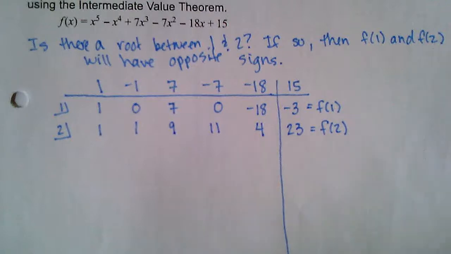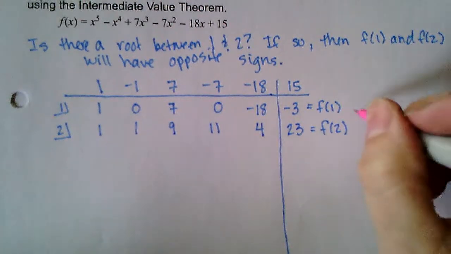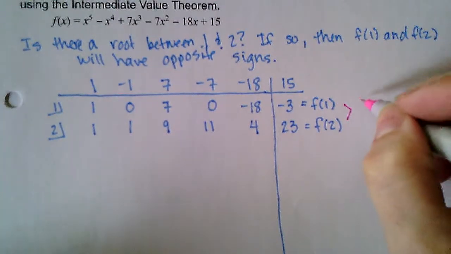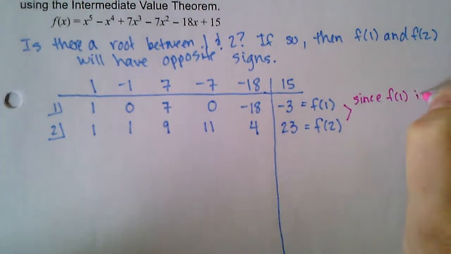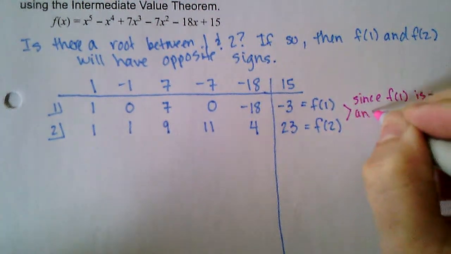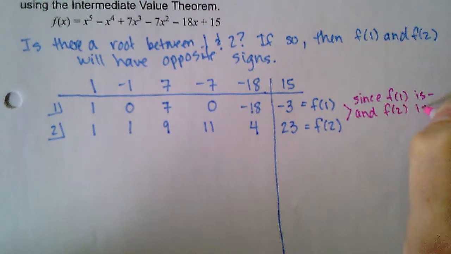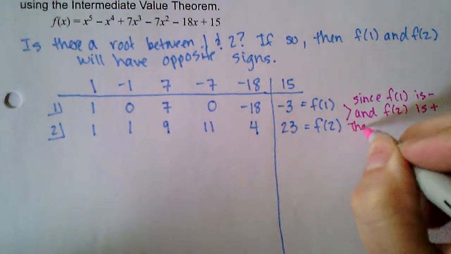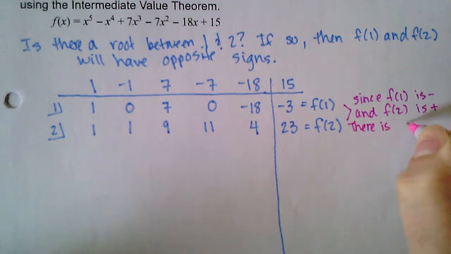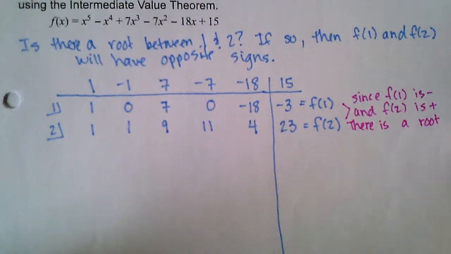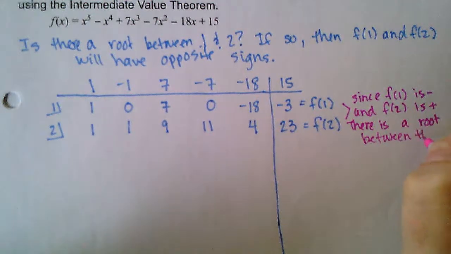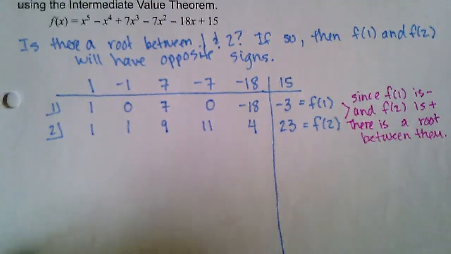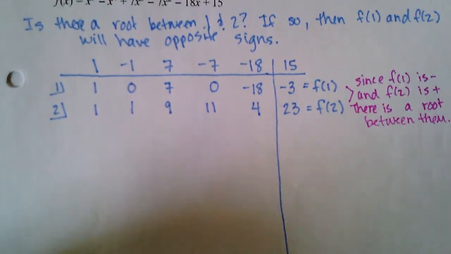What that tells me is, by the intermediate value theorem, since f of 1 is negative and f of 2 is positive, there is a root between x equals 1 and x equals 2.